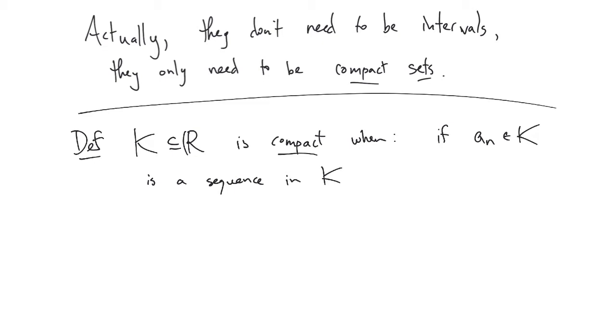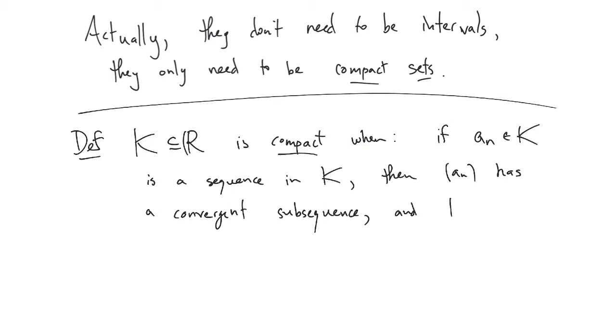It's not necessarily true that the sequence converges, but then a_n has a convergent subsequence, and the limit of that subsequence is in K, all right?